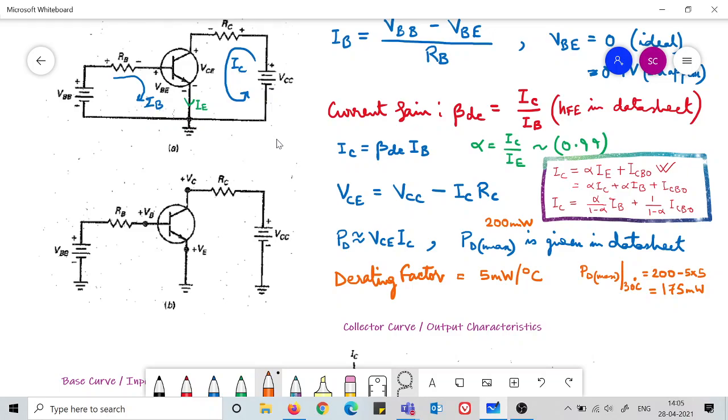KVL and KCL are universal truths for any circuit, and in a particular circuit some specific truths are also there. Specific truths of a circuit are the facts related to a particular device present in the circuit. So we have to work with these two laws: one is the universal law and another is the particular law. One is the universal truth, another is the specific truth.